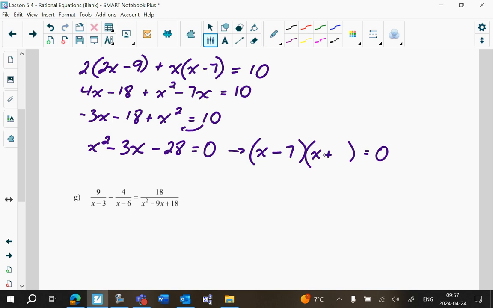Because they have to add to negative 3x. Therefore, my two solutions are x equals 7 and negative 4. Any problem with those? Yep, that's a non-permissible value. That's a restriction. I can't have that as my answer. So there's only one solution in this one.